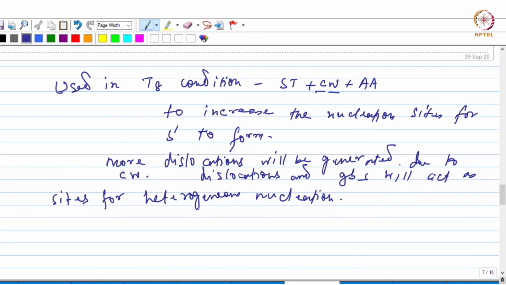And if you look at the properties in this condition, the yield strength, which is for aluminum alloy basically the 0.2% proof stress, is 415 MPa. And this kind of alloys in T8 condition are used for parts of aircrafts.